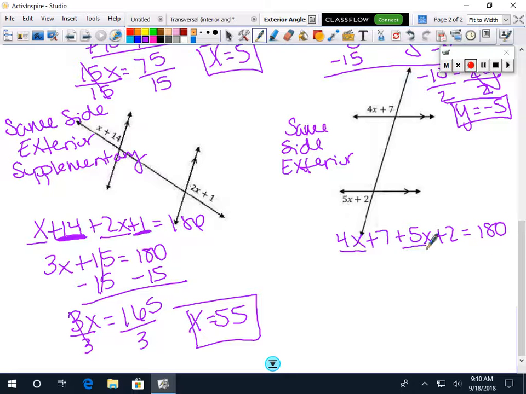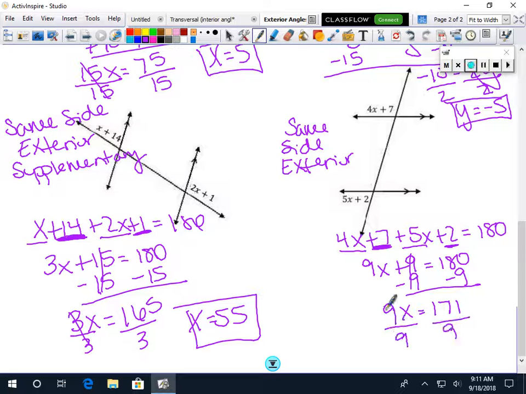Combine my like terms. 4x plus 5x is 9x. 7 plus 2 is plus 9. And that's equal to 180. Subtract 9 from both sides. I get 9x is equal to 180 minus 9, which is 171. I divide both sides by 9, and x is equal to 19.